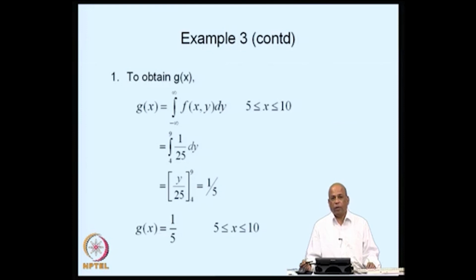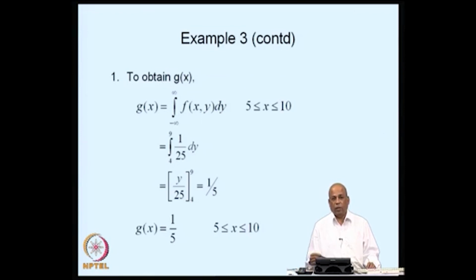First, to obtain g(x), we integrate with respect to y for the entire region. So, we integrate from 4 to 9 with respect to y. So, you get g(x) as 1 by 5. In this particular case, it turns out to be a constant, but in general g(x) will be a function of x alone and h(y) will be a function of y alone.